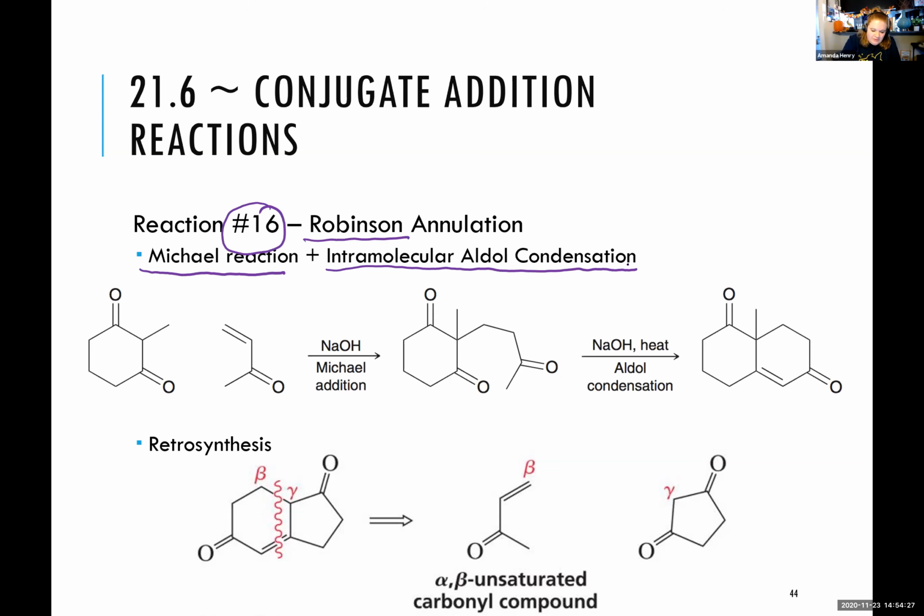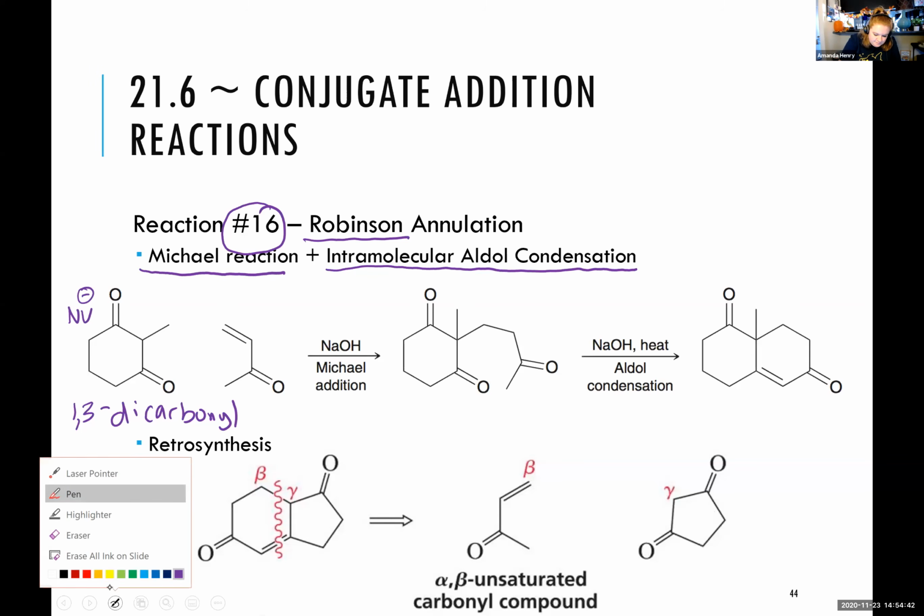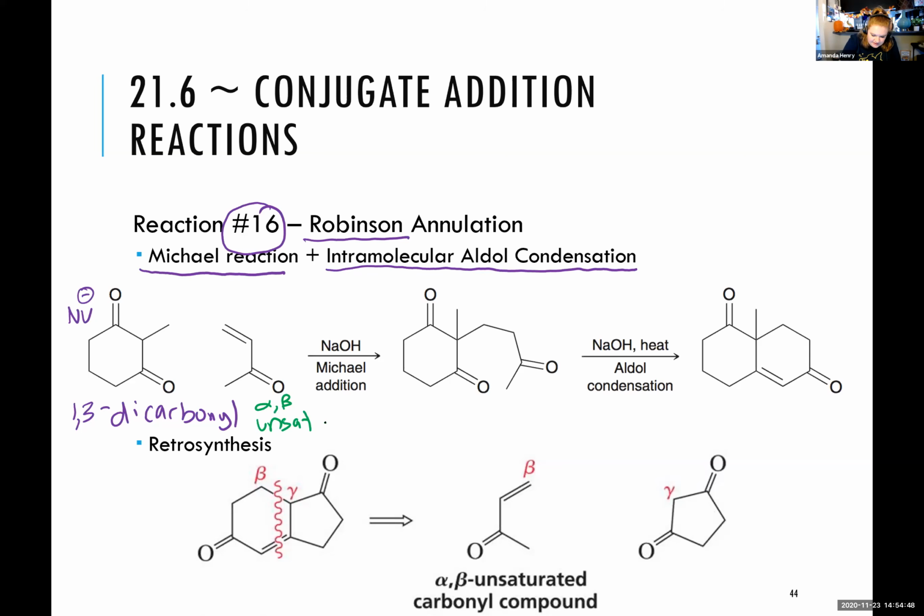So to do our Michael reaction, we need a 1,3-dicarbonyl. So that's our Michael donor. Remember, that's our nucleophile. And we're going to react it with an alpha, beta, unsaturated carbonyl. This is our electrophile.